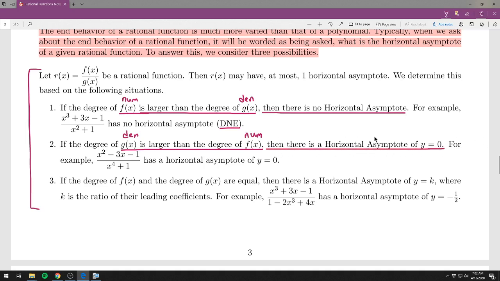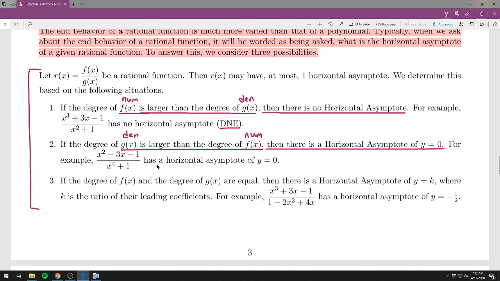Right, horizontal asymptotes are horizontal lines, so it's going to be a y equals equation. If the degree of the denominator is larger than the degree of the numerator, then it's y equals 0. It doesn't matter how much bigger it is, it's always 0. It doesn't matter what numbers are involved, it's always y equals 0. So for example, x squared minus 3x minus 1 divided by x to the 4th plus 1 has a horizontal asymptote of y equals 0.